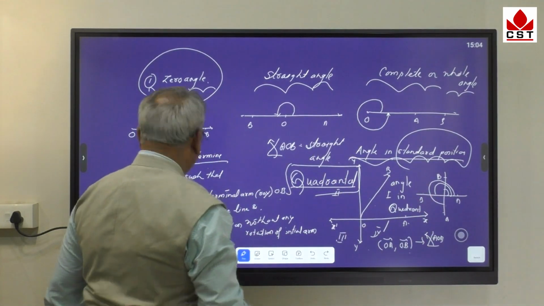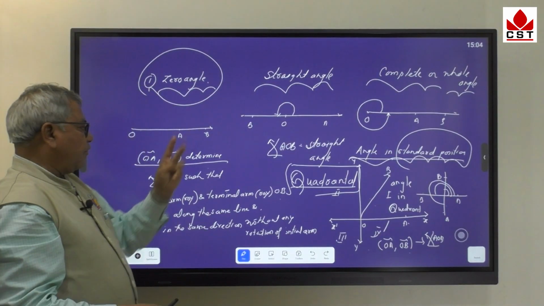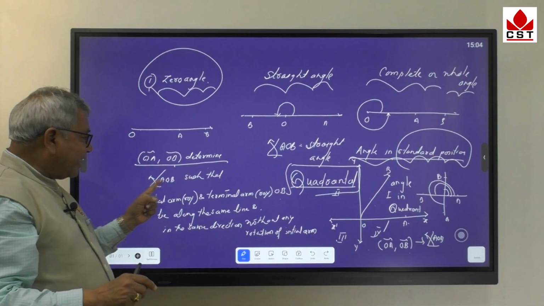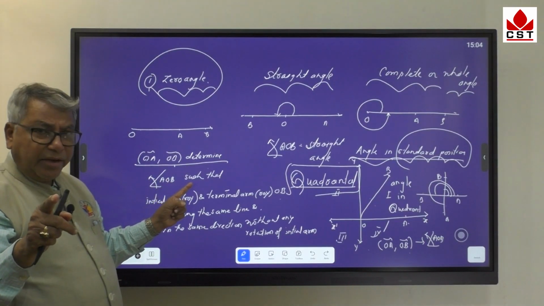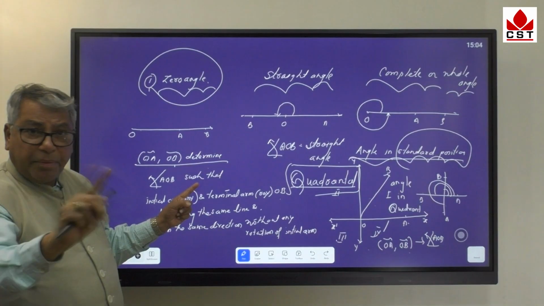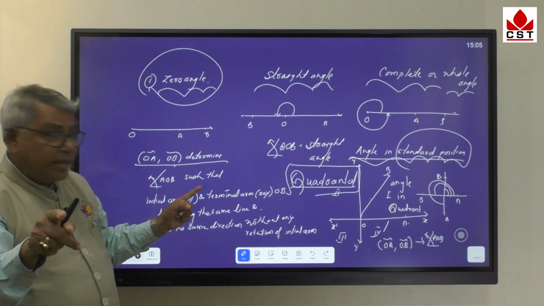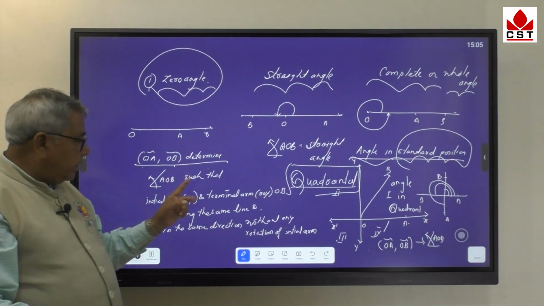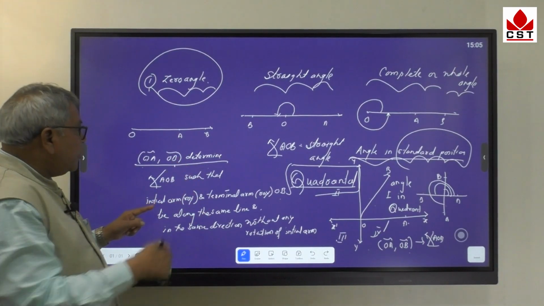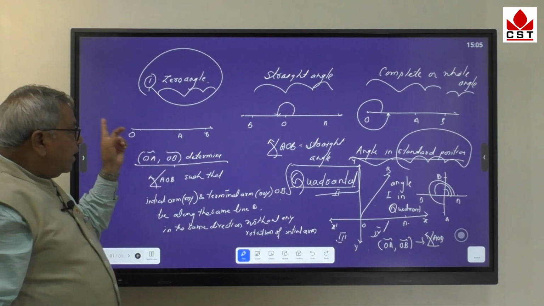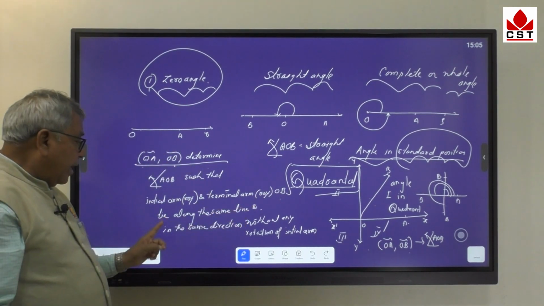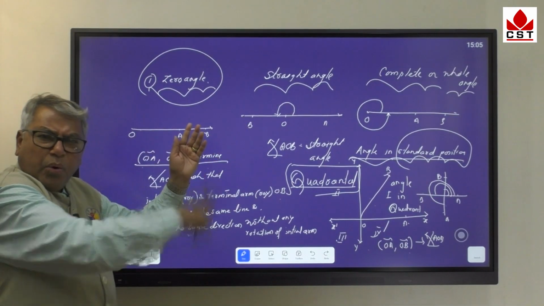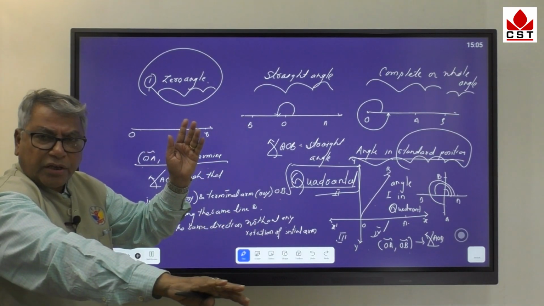Now listen here, revise. First of all, ray OA, ray OB determine directed angle AOB, right? AOB, not BOA, such that initial arm ray OA and terminal arm ray OB lie along the same line and in the same direction without any rotation, no rotation: zero angle.